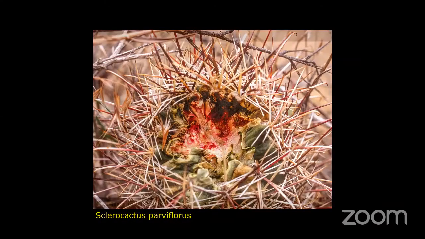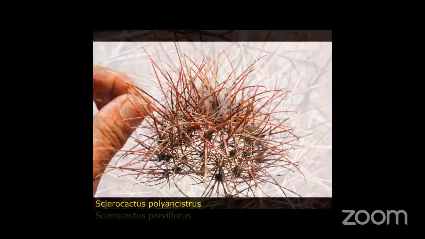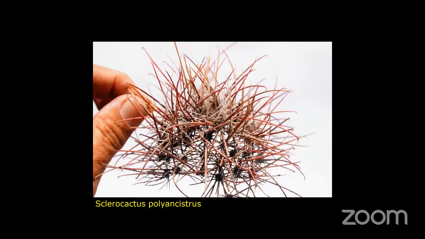So this is a particular problem for some of the larger sclerocacti, including Sclerocactus polyancistris, which we'll see at the very end of the program. But when these grubs are finished, all you have left is this basket of spines like you see here.